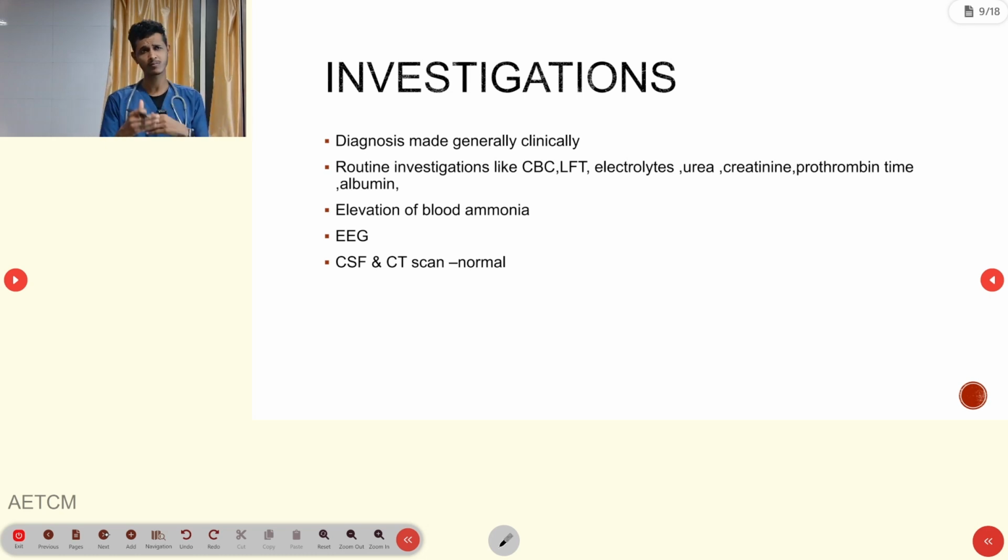That is why we go with prothrombin time and albumin, and then we have to check the ammonia level, because ammonia is one of the factors creating this much problem. So ammonia we have to check, EEG and then CSF and then CT scan. Why we go with EEG and CSF is to rule out the altered mental status causes. Whether it is because of hepatic encephalopathy or other causes, to rule that out we go with EEG, CSF study and then CT scan.